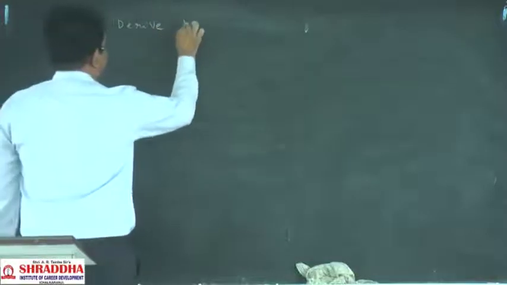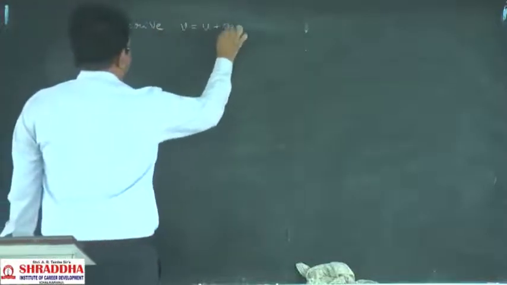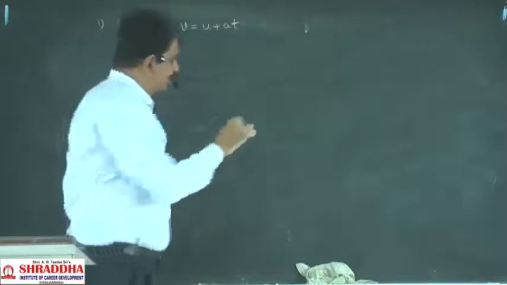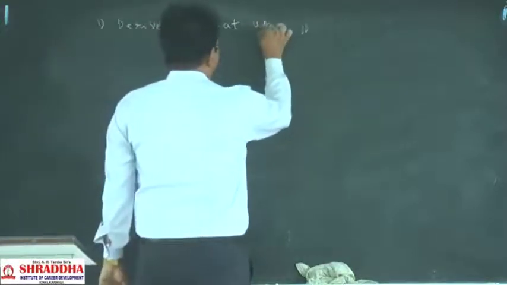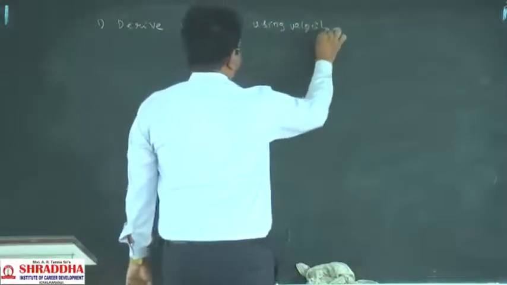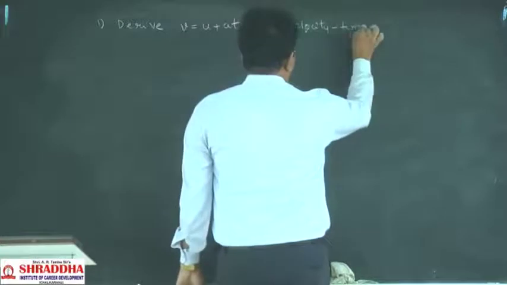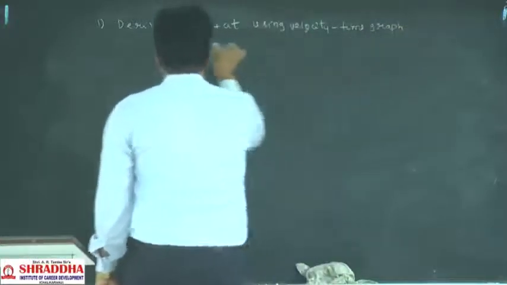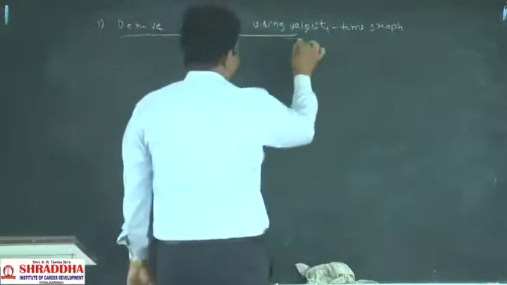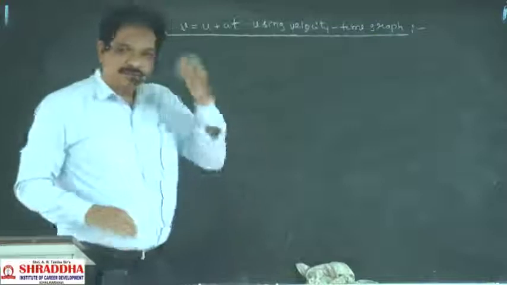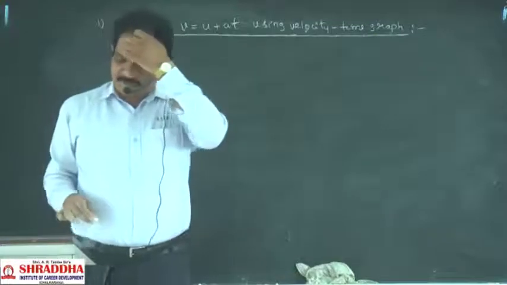First, derive v is equal to u plus at using velocity time graph. Okay, how to derive this one? See.